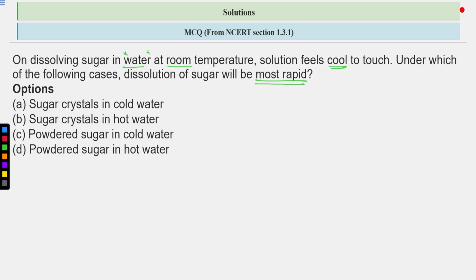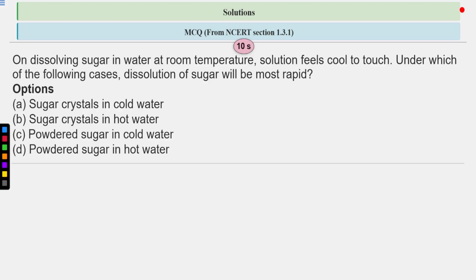You have to tell. The four options are sugar crystals in cold water, sugar crystals in hot water, powdered sugar in cold water, or powdered sugar in hot water. So you have some time, just analyze this question and try to solve it.